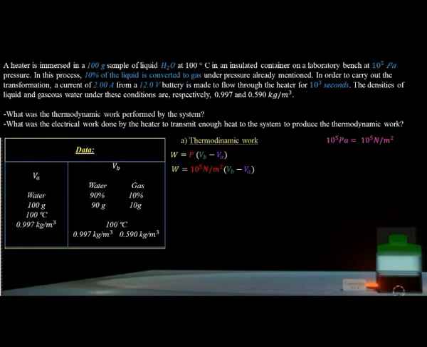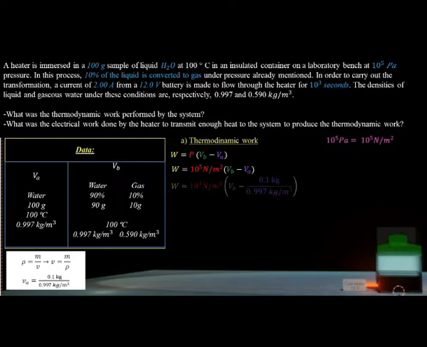The exercise tells us that we have 100 grams of water or 0.1 kilograms, and gives us the density of water, which is 0.997 kilograms per cubic meter.